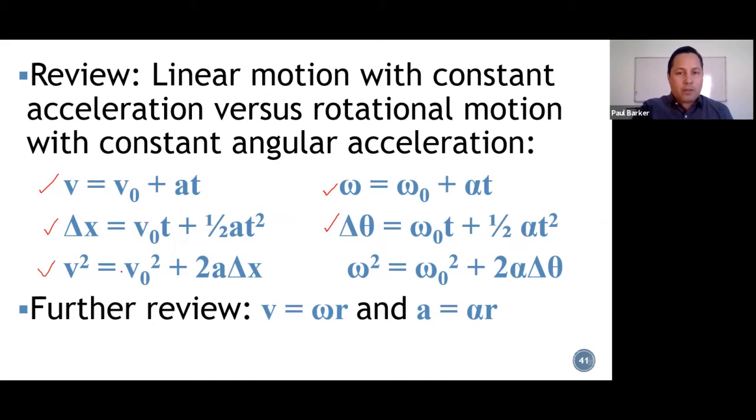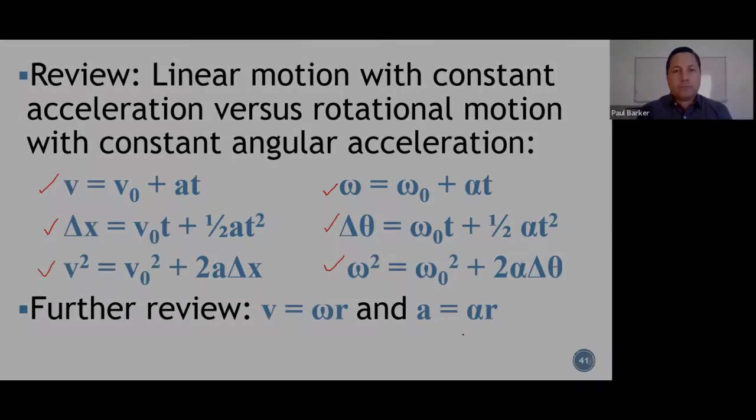Here again, velocity versus angular velocity; they share common characteristics. Also, tangential velocity is equal to angular velocity multiplied by the radius, and tangential acceleration is equal to angular acceleration times the radius as well. All those formulas will come in handy for the examples we're going to work on next.